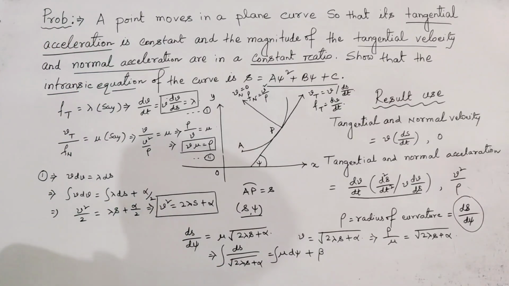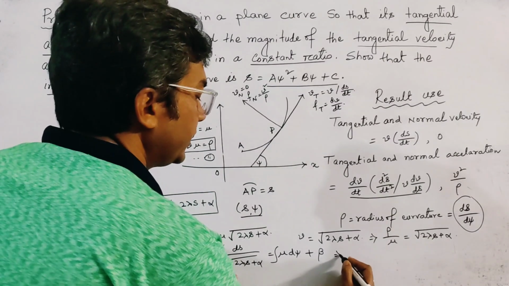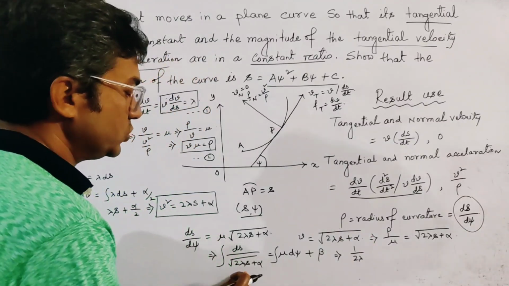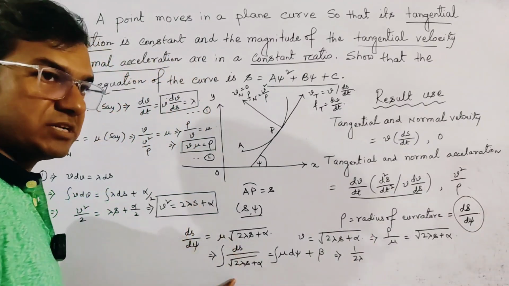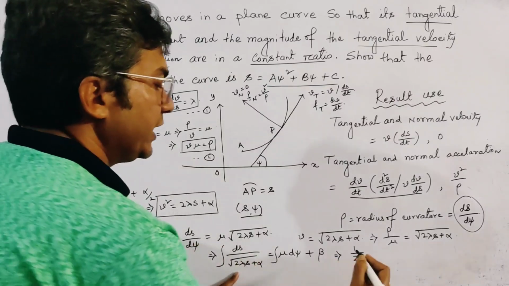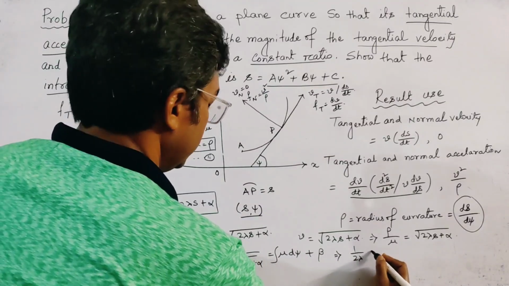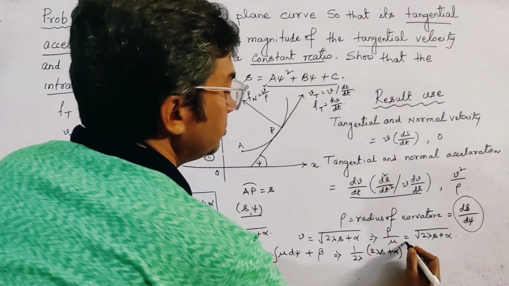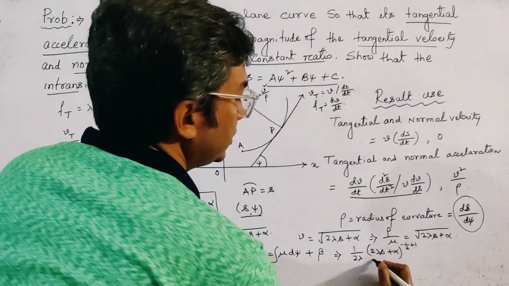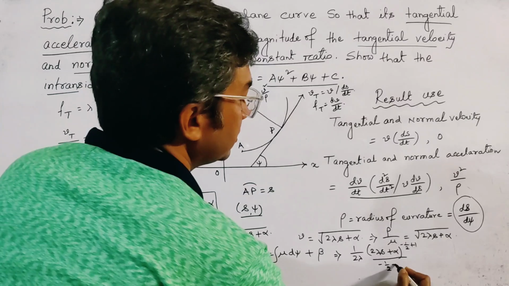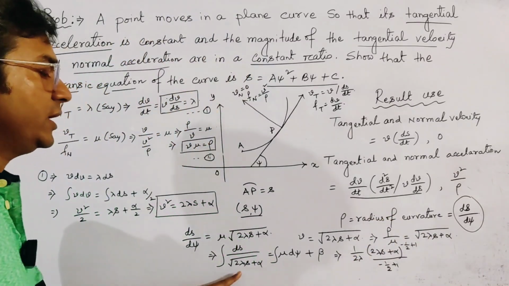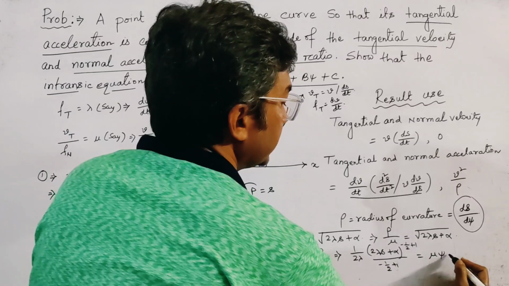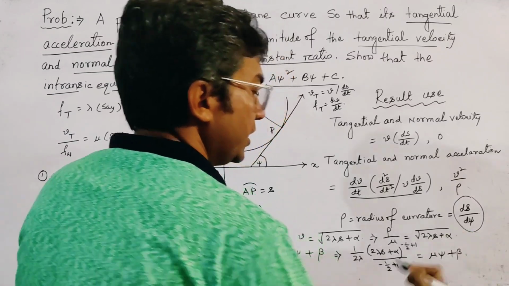The integration of this is 1 by root x type, so we get 2 lambda s plus alpha whole to the power minus half plus 1, divided by minus half plus 1, times 1 by 2 lambda, and on the right side mu psi plus beta.